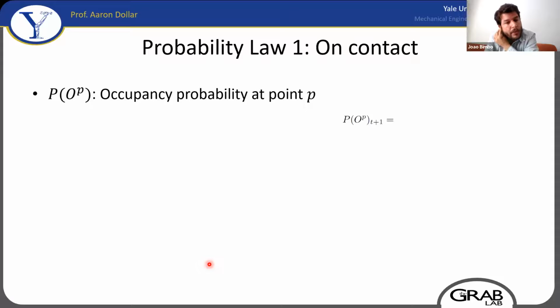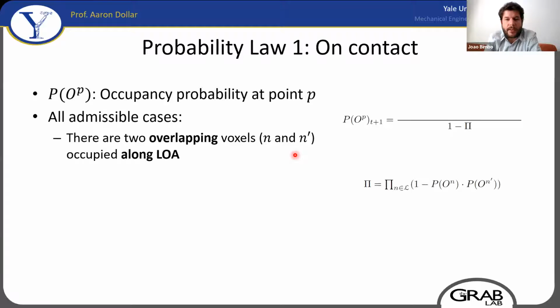And this is the formula. So what we're trying to do is find the updated probability of occupancy at point P. And we do this by counting the cases, simply a frequentist approach here. So first we count all the possible cases. Somewhere along that line, there's got to be two overlapping voxels, N and N prime.